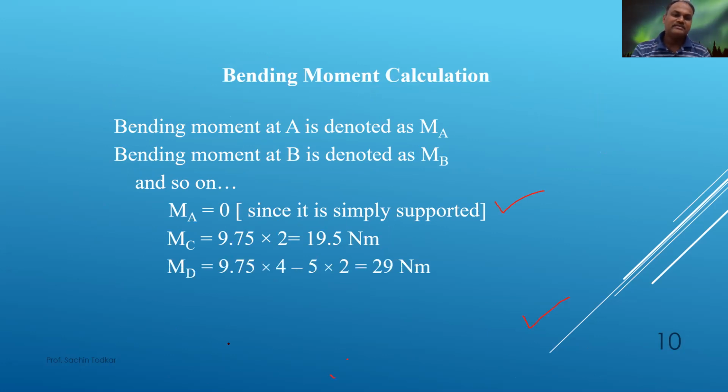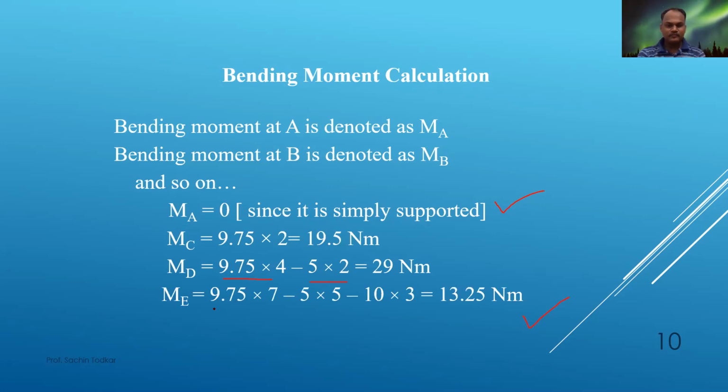Now in the second case, 9.75 into 4 minus 5 into 2, because the force was in downward direction, so it will cause hogging. So this part will cause sagging, that's why it is positive, and this is causing hogging moment, that's why it is minus 5 into 2, and it is equal to 29 Newton meter.